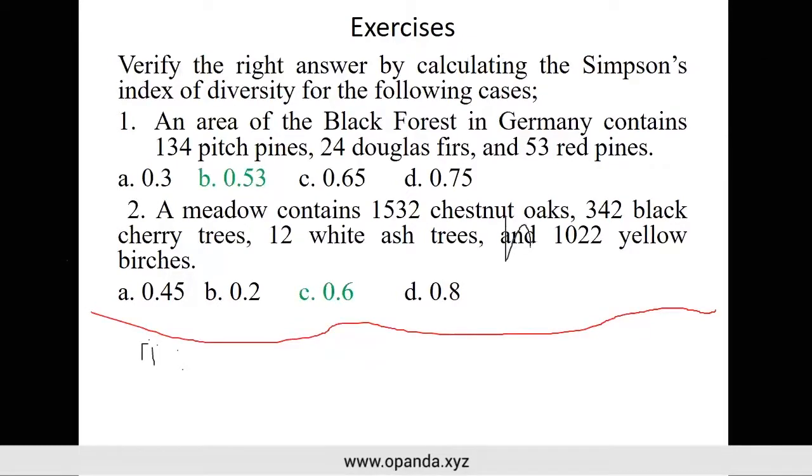On N, we had different species. So we had peach pines. Let's call it N1. Show it by annotation. N1 is going to be equal to 134.